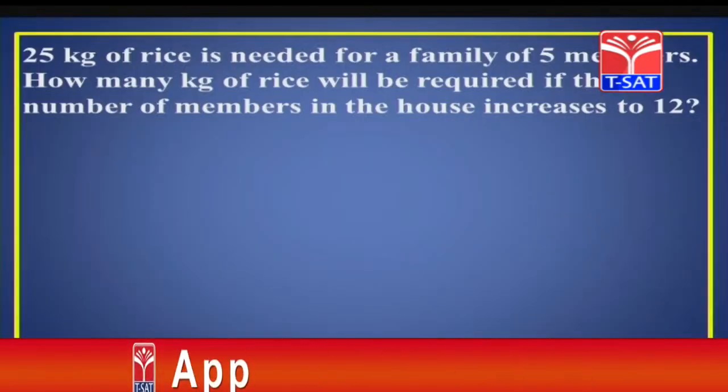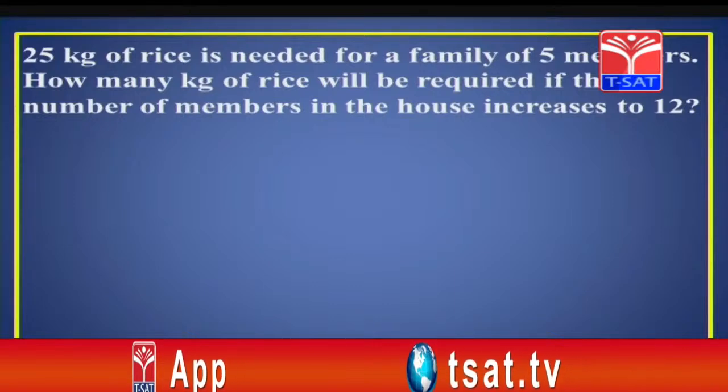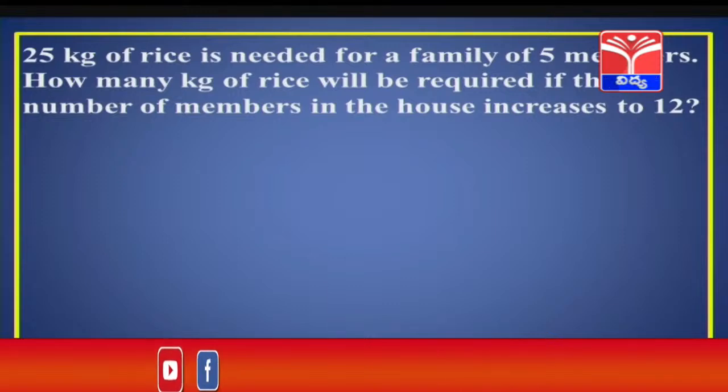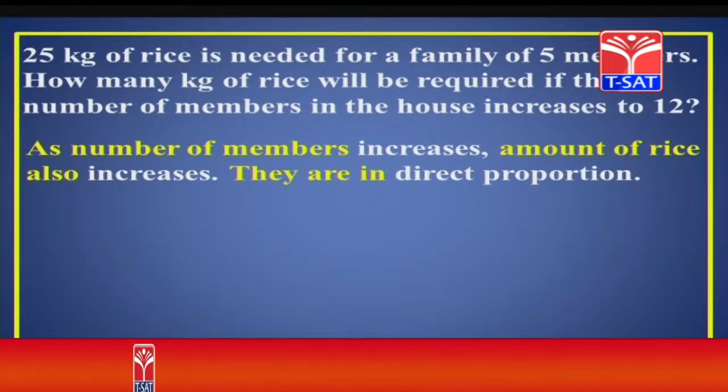So, children, let us take an example to understand the concept of direct proportion clearly. 25 kg of rice is needed for a family of 5 members. How many kg of rice will be required if the number of members in the house increases to 12? As the number of members increases, the amount of rice also increases. Am I right, children?